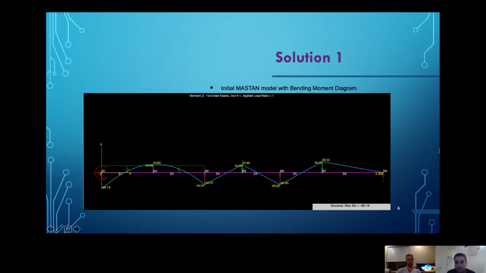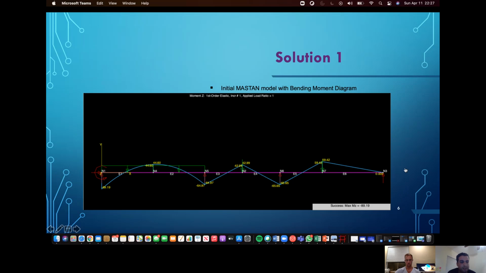So after we insert our initial model using F equals 1, the moment diagram is shown in the slide here, and the maximum moment was found as minus 89.19.